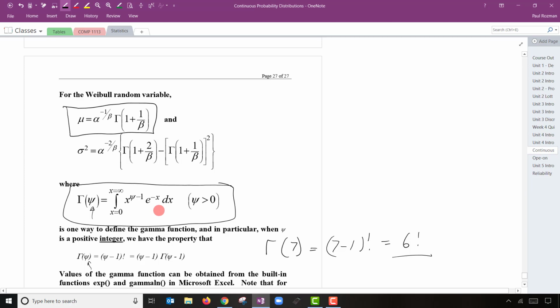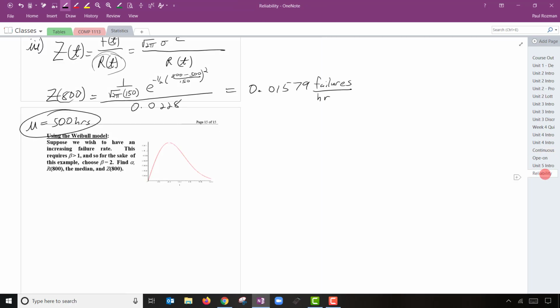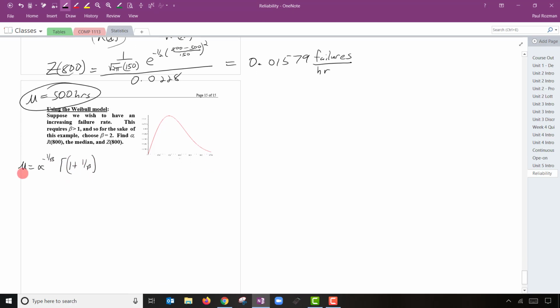Let's try this, see what happens. The mean was alpha to the negative 1 over beta times gamma of 1 plus 1 over beta, and we know mu. So we know the 500 goes here.